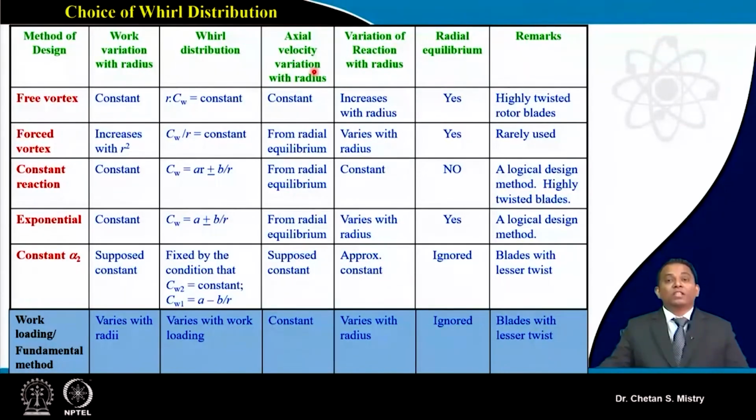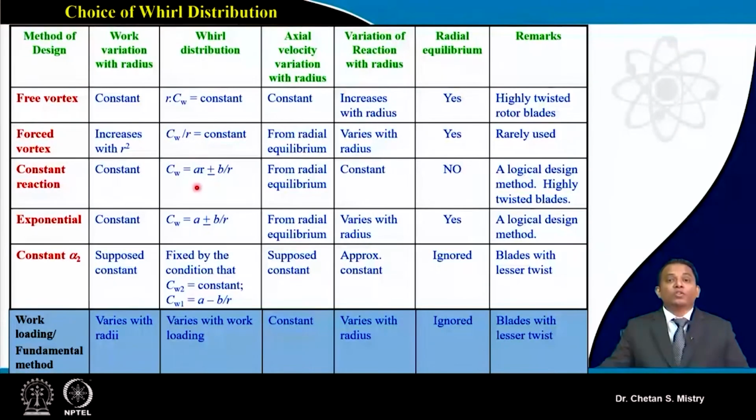Then we discussed that if two parameters are known to us, we can calculate the third parameter. That is what we have done in our forced vortex design. Then we started discussing the constant reaction design. The work variation along the radius is constant.